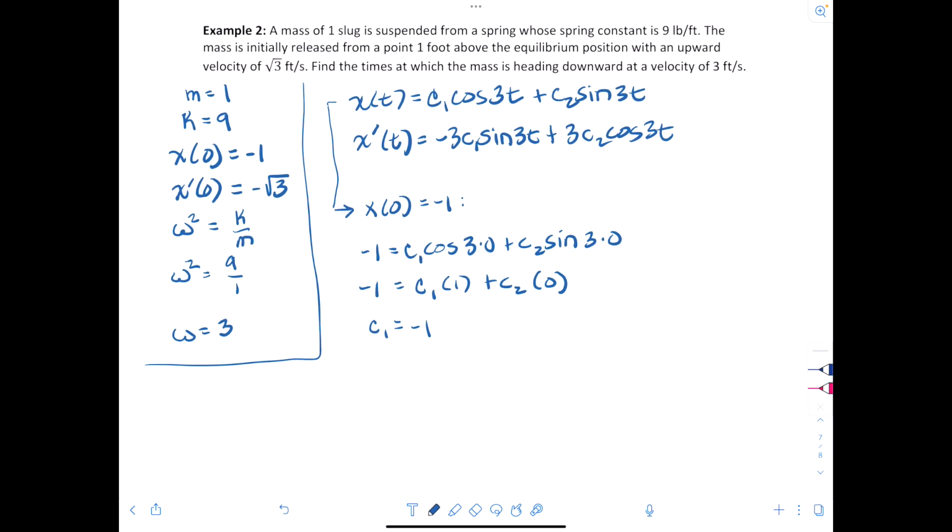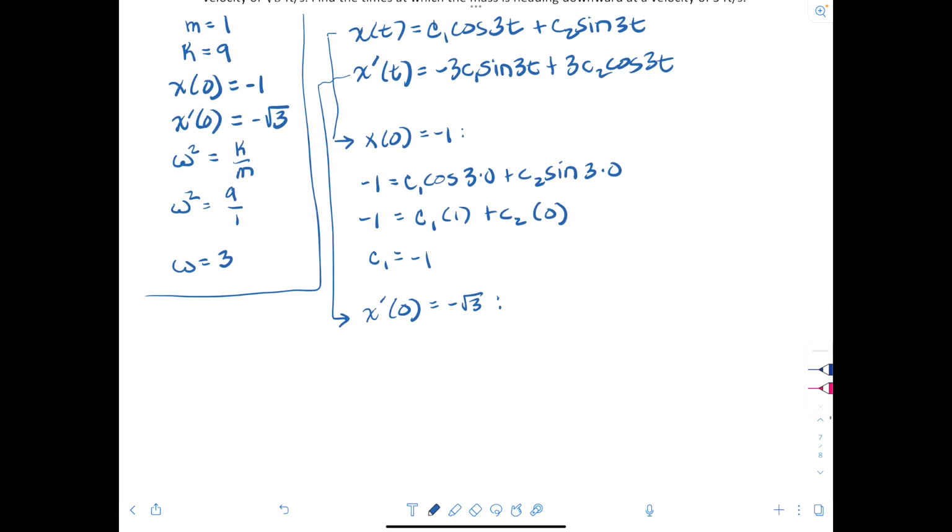Now, looking at x prime at t. So x prime at 0 we said was negative root 3. So working with that, we will have negative root 3 is equal to negative 3 C1 sine at 3 times 0 plus 3C2 times cosine at 3 times 0.